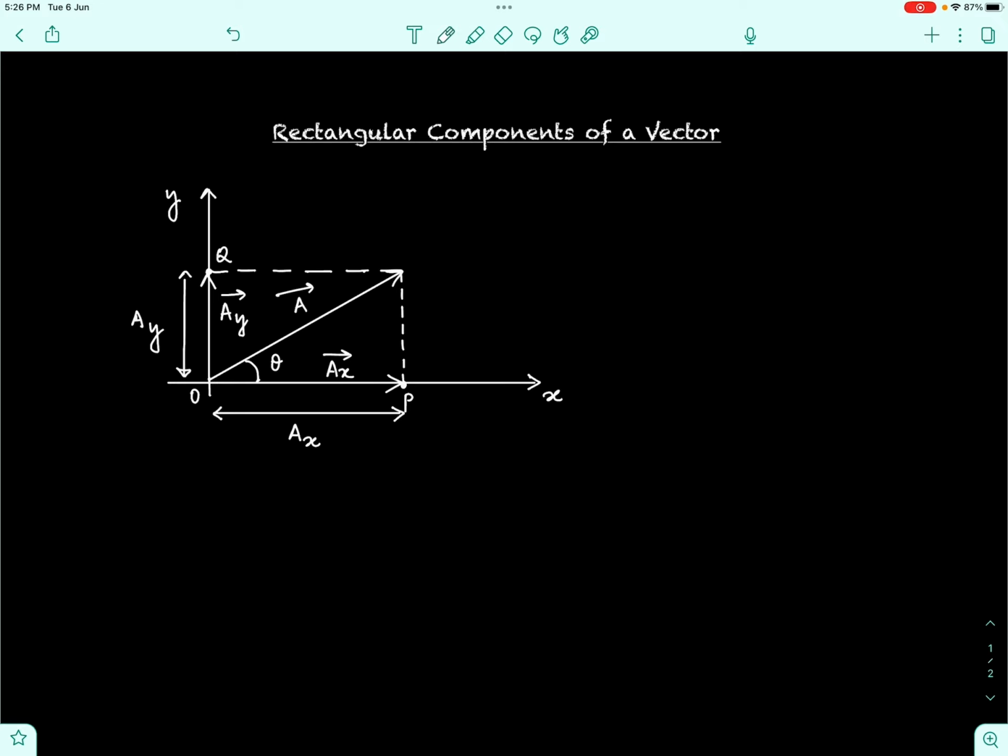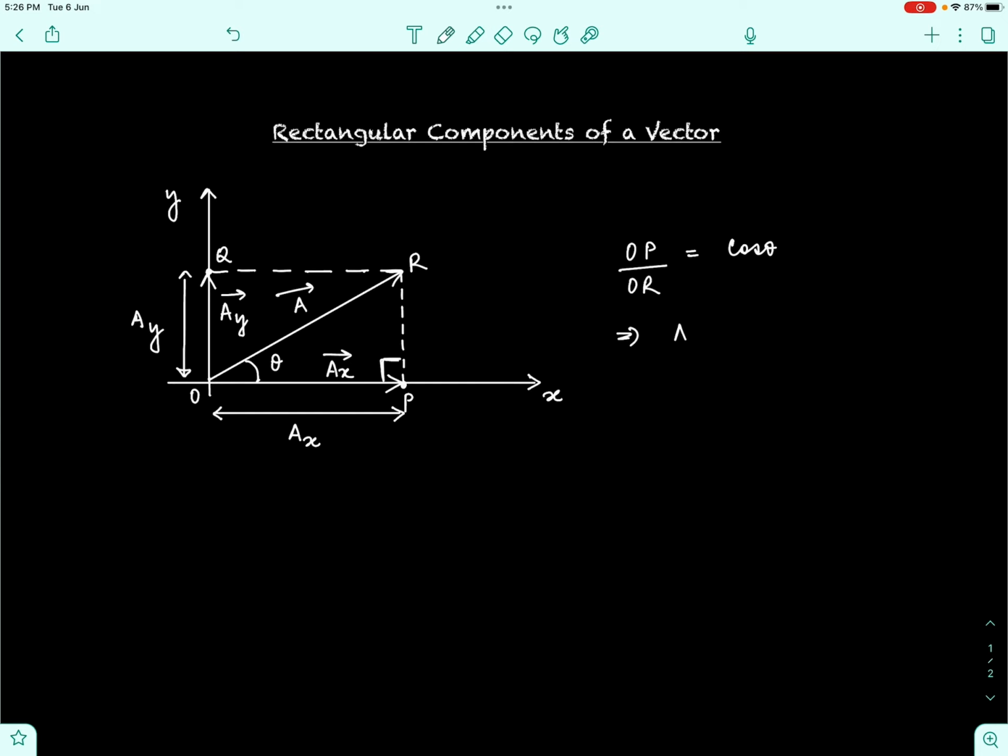We shall see how when we proceed with this. So, for now, we will try to find the magnitude of Ax and Ay using trigonometry. You can see that the triangle OPR, let us call this point R, is a right angle triangle, so we can write the base OP by the hypotenuse OR as cos of the angle theta. Now, the length OP is nothing but Ax.